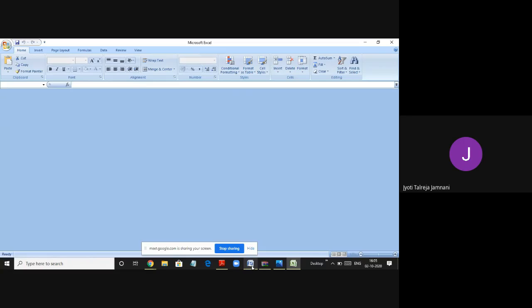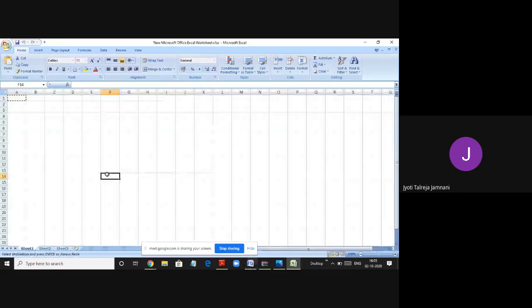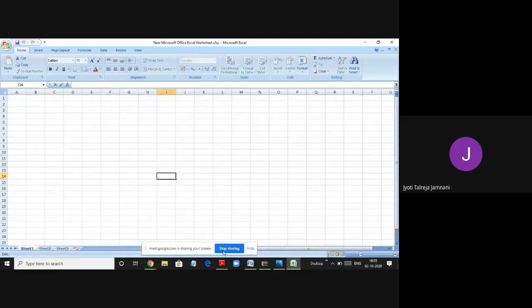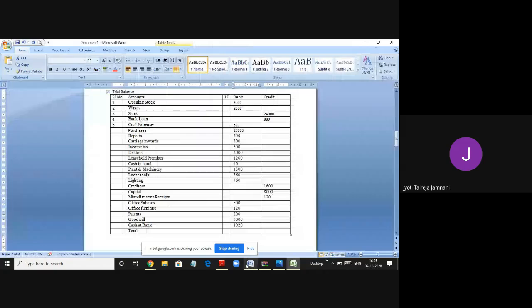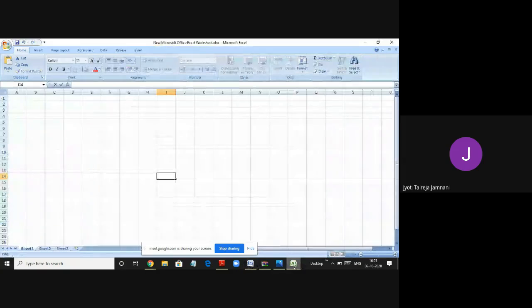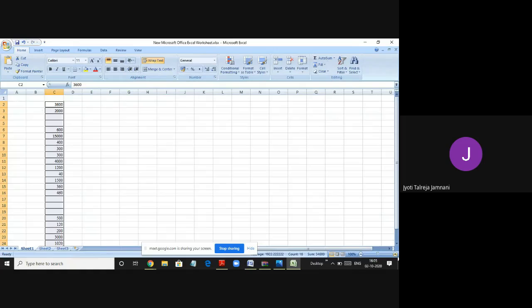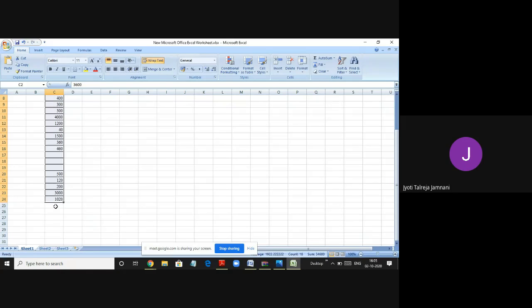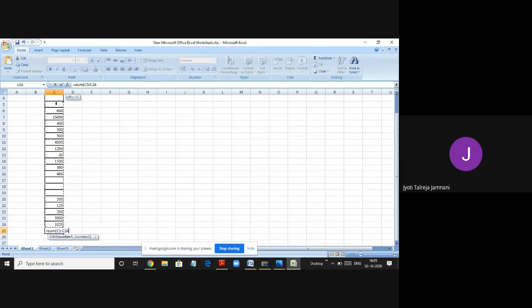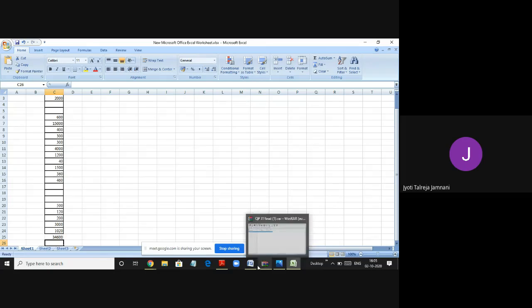So Control V. Copy it again, Control C. So to total in the Excel sheet, we do equal to SUM, open the bracket and select all these and close the bracket. So the total is 34,600 on the debit side.